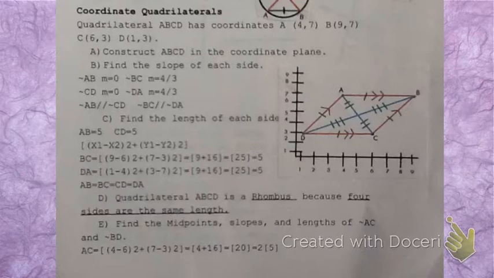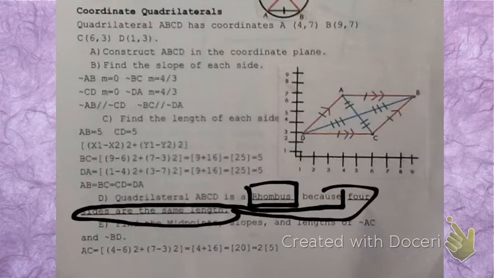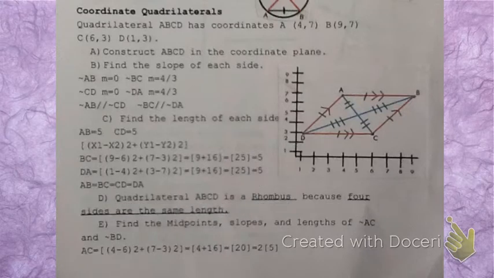Alright, and next it asks you to complete the sentence, which this and that were the blanks. And it says quadrilateral ABCD is a rhombus because 4 sides are the same length.